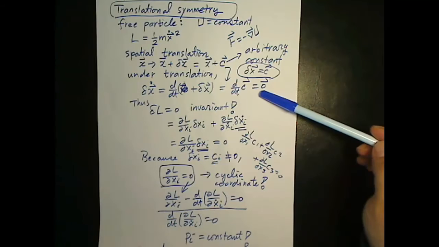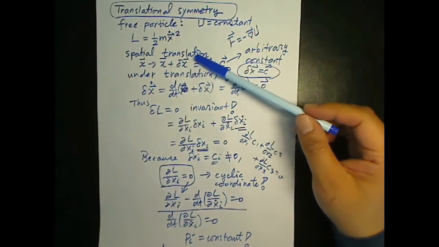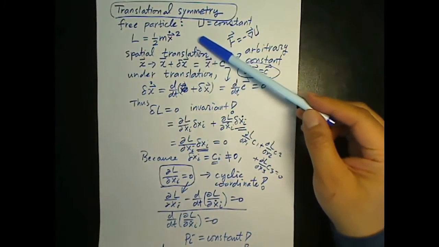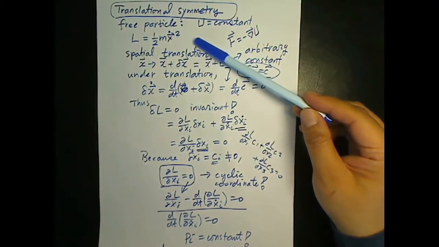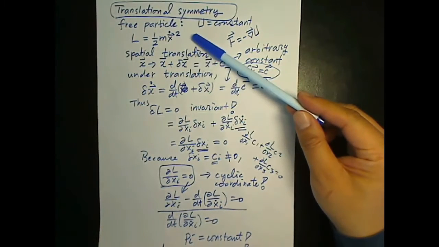Although x has a variation, there is no explicit x dependence in the Lagrangian because the potential energy is vanishing in this case. So this effect does not contribute at all.